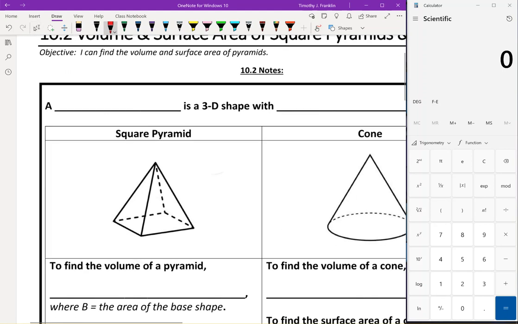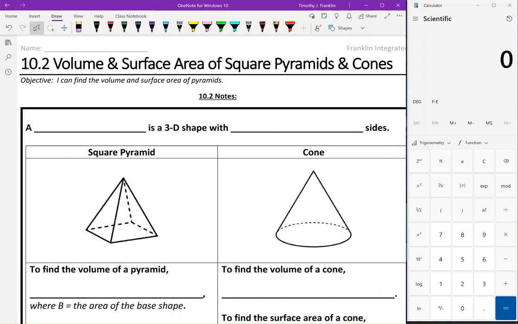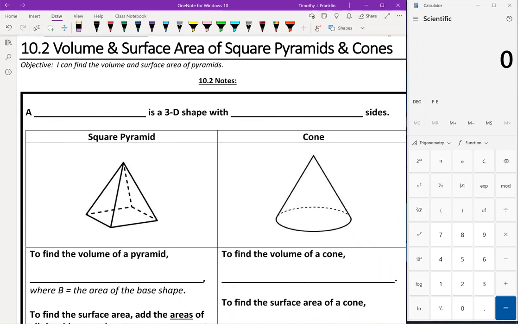So, a pyramid is a 3D shape with triangular sides. If you look at these pictures, the square pyramid has a square base and 4 triangular sides that come up to a point.